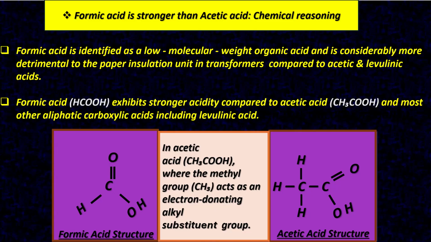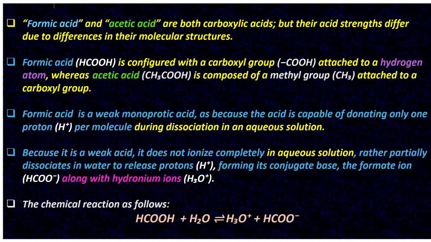See the structural diagrams, formic acid and acetic acid. In acetic acid, the methyl group acts as an electron donating alkyl substituent group. Formic acid and acetic acid are both carboxylic acids, but their acid strengths differ due to the differences in their molecular structures.